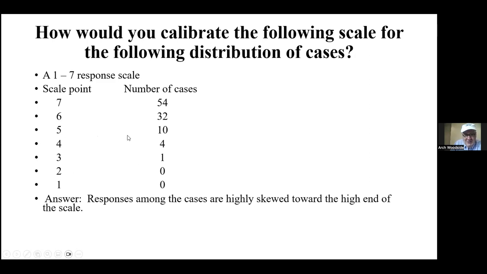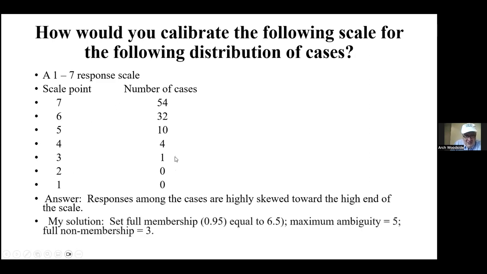What I would suggest in calibrating something like this, the responses are highly skewed to the top end. I would set full membership equal to 6.5 and maximum ambiguity at 5 and full non-membership at 3.